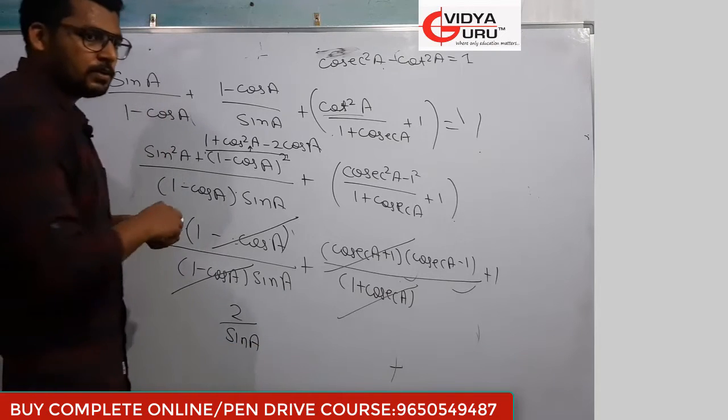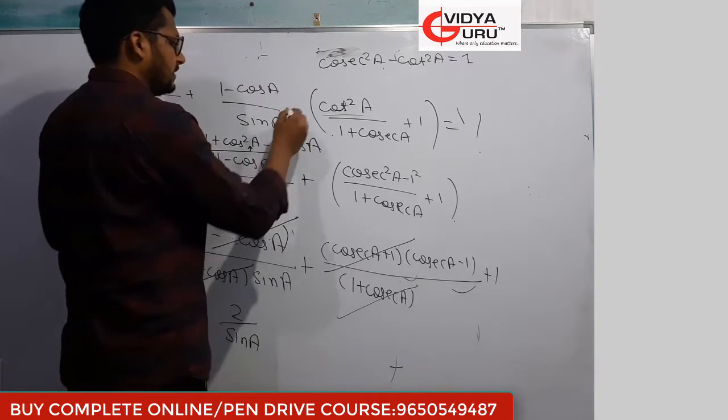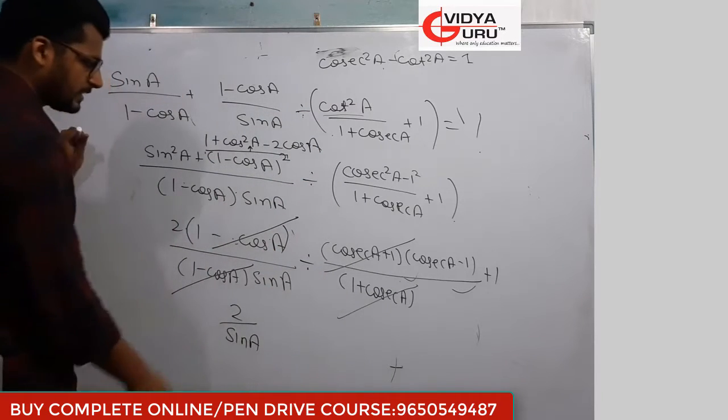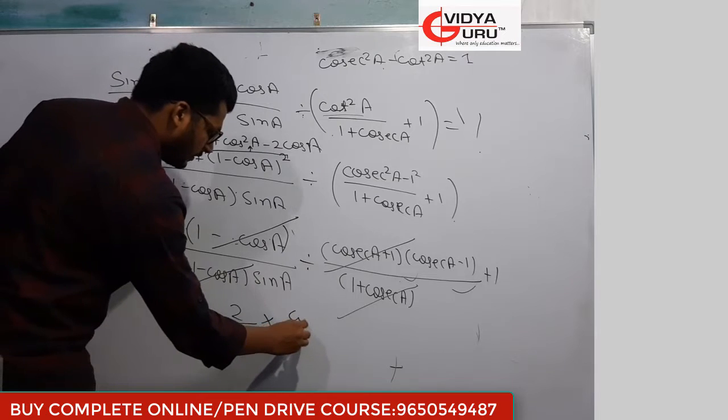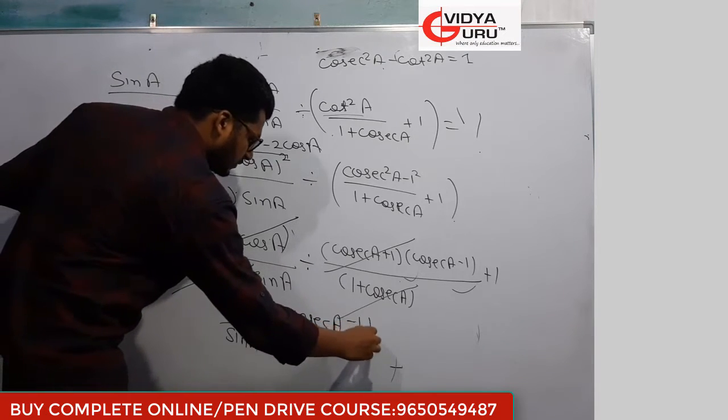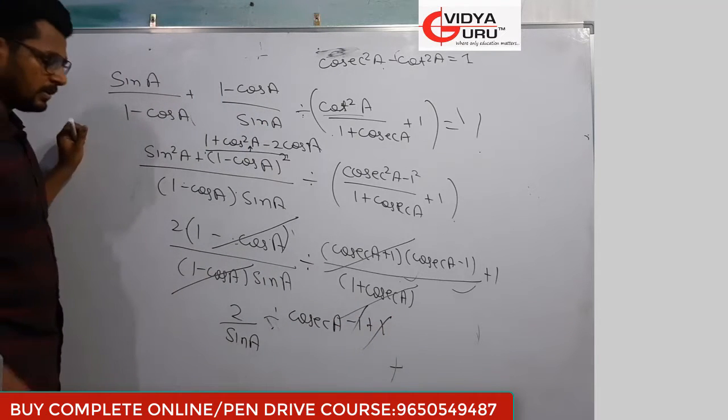2 by sin A. Sorry, this was a division here. This is division here. 2 by sin A, and it will be left cosec A minus 1 plus 1. This will also be cancelled out.